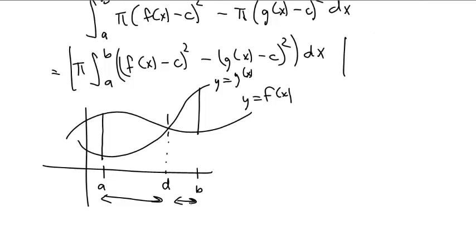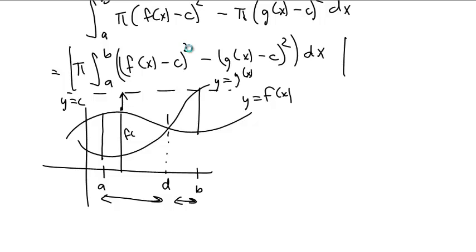In fact, if you rotate around an axis y equals c that's up above, it doesn't matter, because f of x minus c is now going to be a negative number. If this is f of x from there to there, and this is c all the way up, then this is going to be c minus f of x. But squaring it makes it not make any difference.